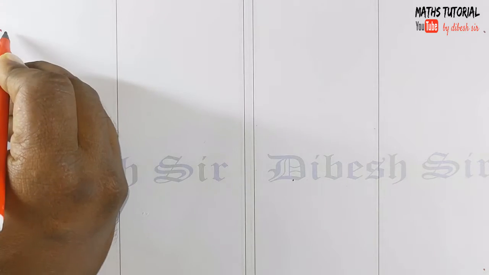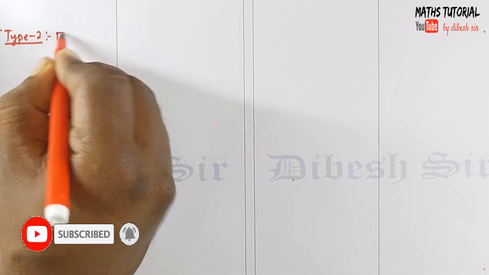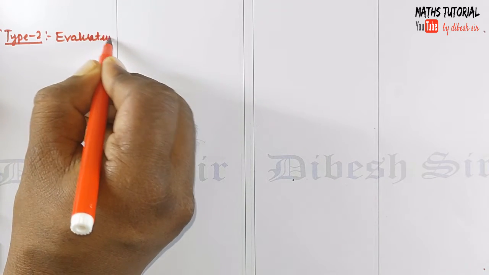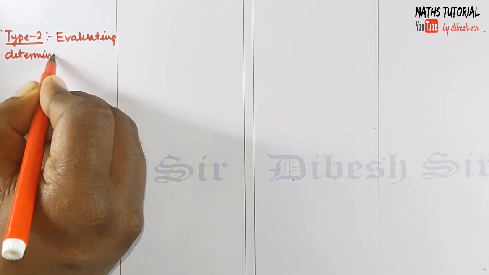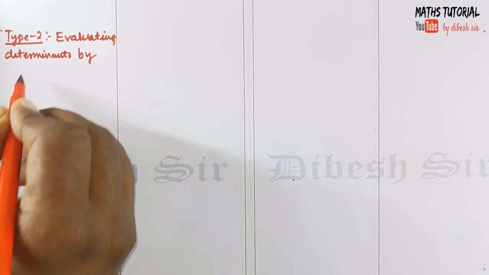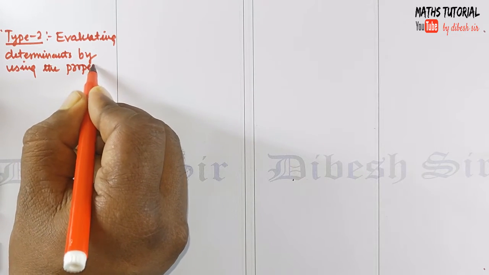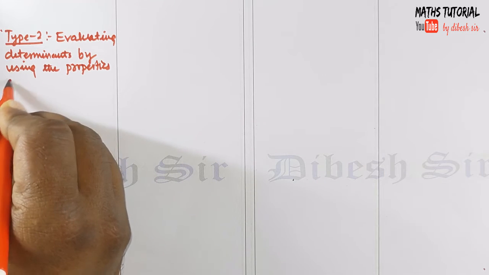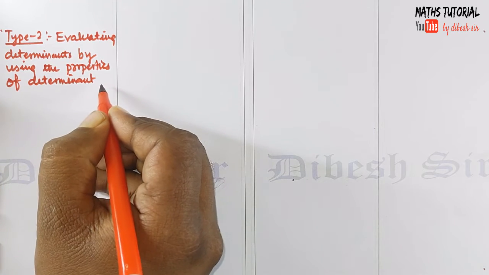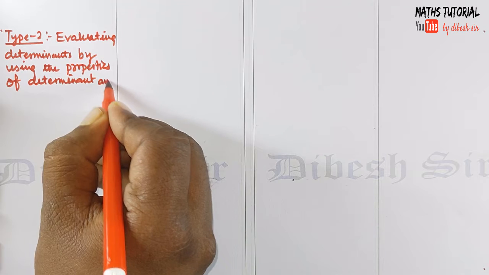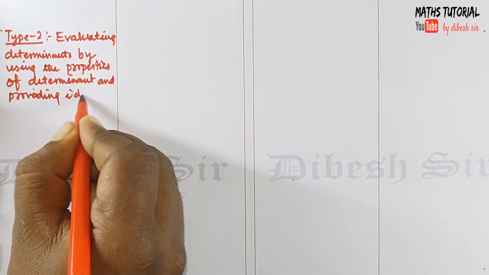Type 2: evaluating determinants by using the properties of determinant and proving identity.